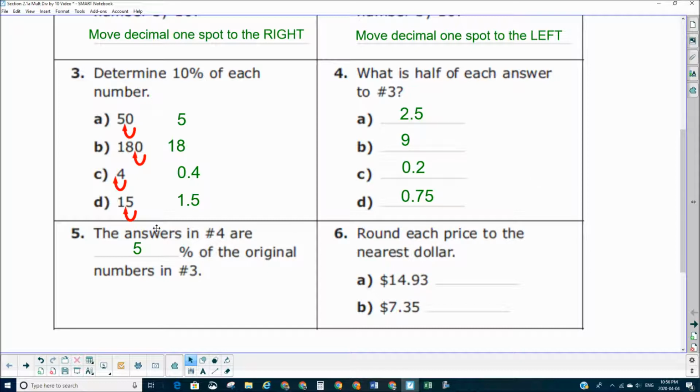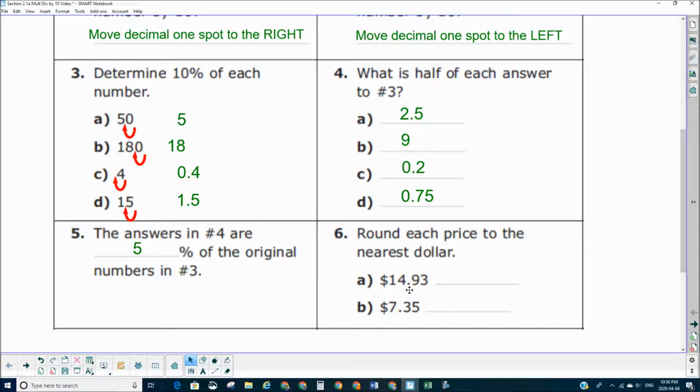So good. One more skill that we want to remind ourselves of before we move too far into this section is rounding each of these dollar values, these prices, to the nearest dollar. It's going to be helpful when we're doing some of the estimating, which we'll do in the next video. In order to round to the nearest dollar, we look at that $14. We're going to decide, is it $14 or is it $15?